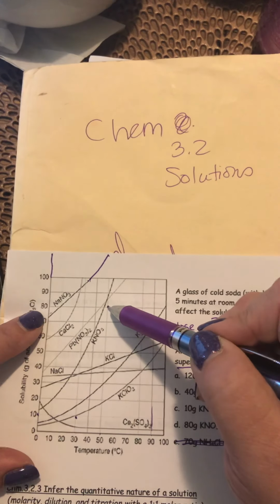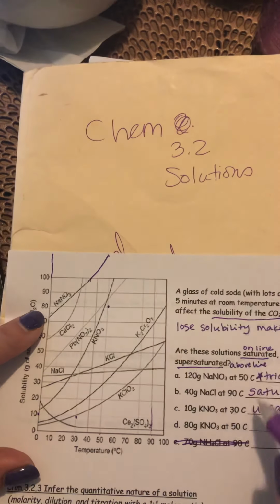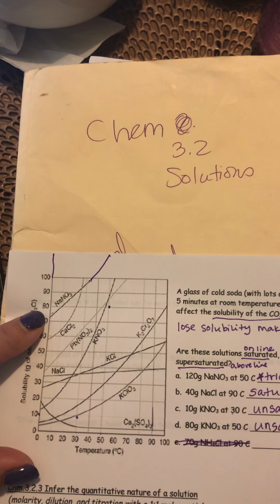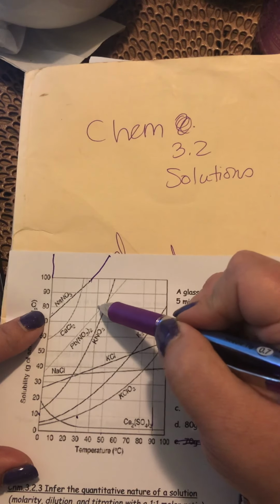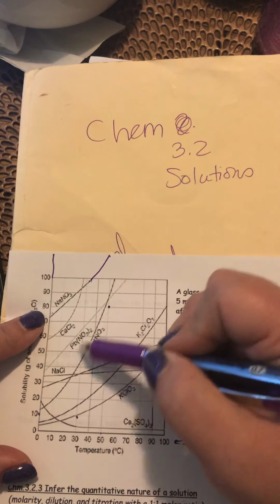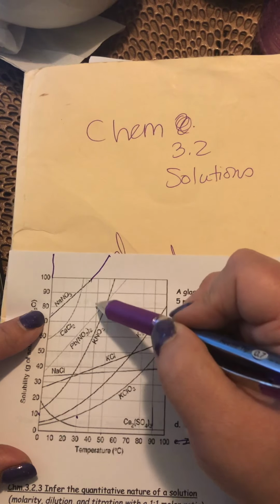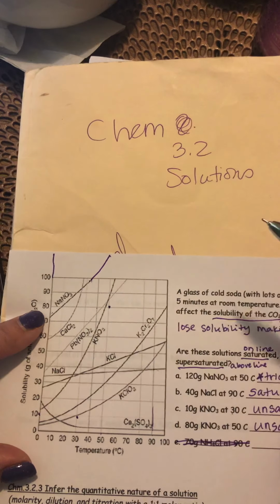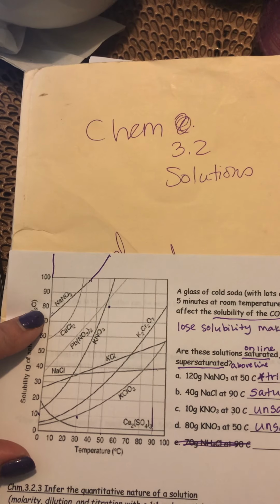So technically that's under the line, so that's also unsaturated. So if I had given you one that was 40 degrees, it would have been here, it would have been supersaturated because it would have been above the line. So above the line is supersaturated, exactly on the line is saturated, under the line is unsaturated, okay?